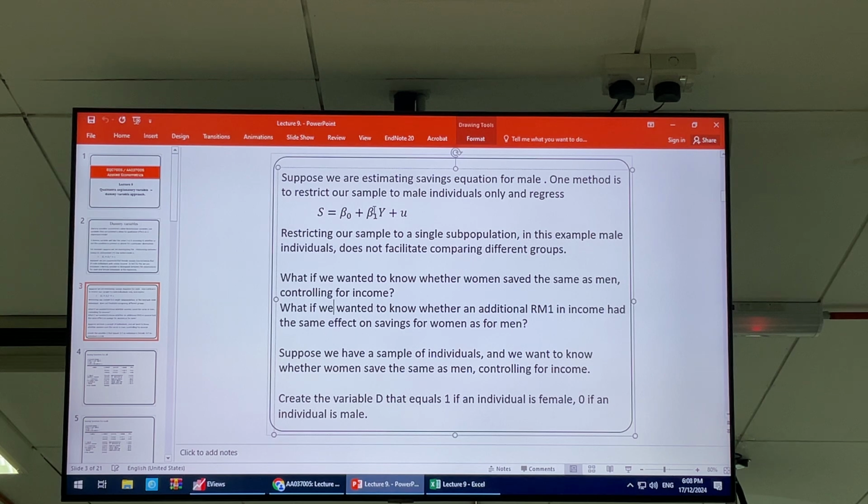Suppose we have a sample of individuals, and we want to know whether women save the same as men controlling for income. We can create a variable, and we can use whatever name. For example, D to represent the variable that equals 1 if an individual is female, 0 if an individual is male.